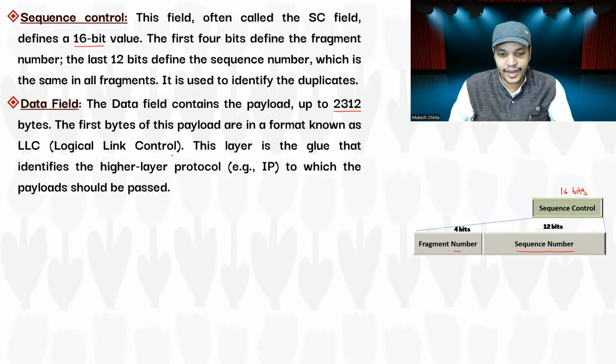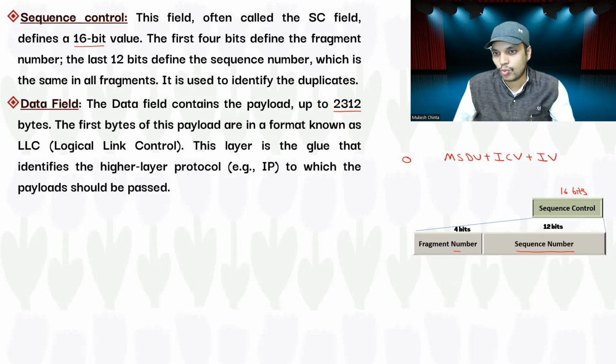Now, the frame body is variable in length, because the minimum length is 0 bytes and the maximum length actually depends on the combination of MSDU length plus, if you are implementing WEP, the ICV plus IV. So what are these things? MSDU stands for MAC Service Data Unit, which is nothing but the payload passed on from the upper layers.